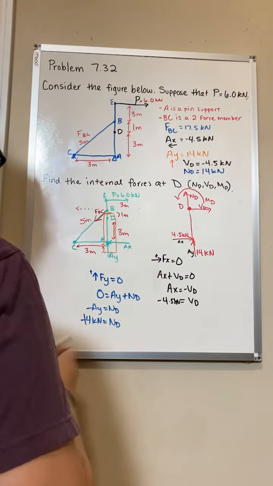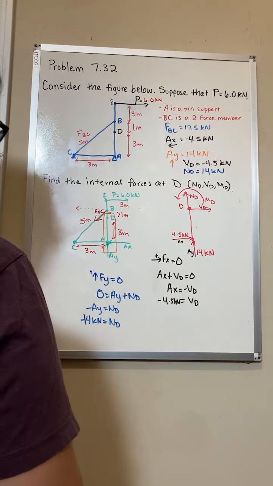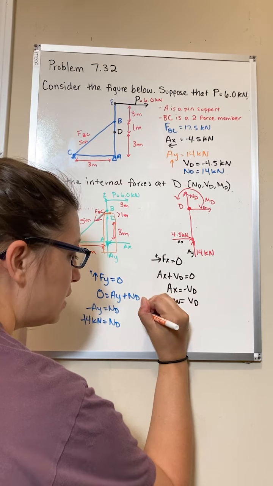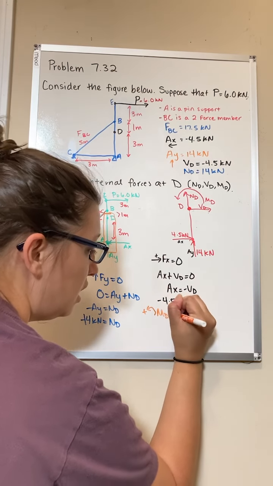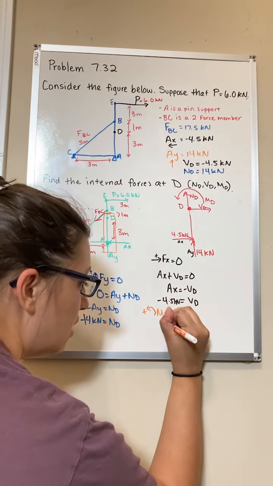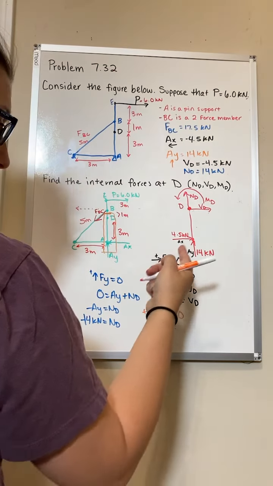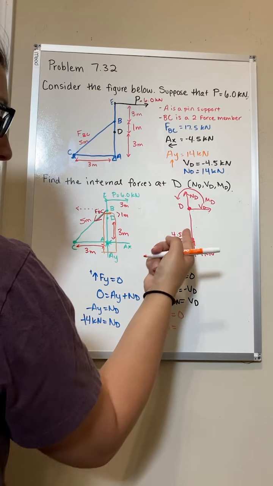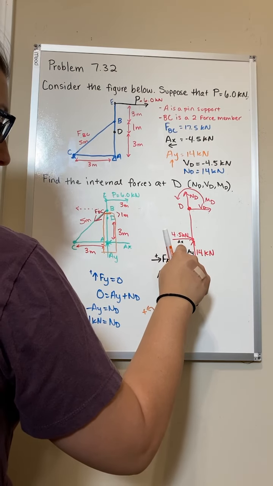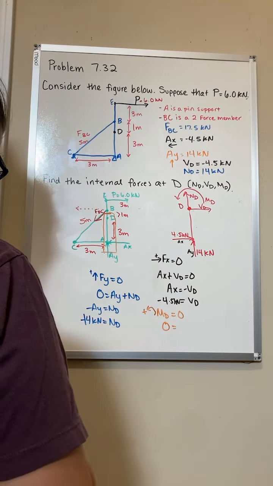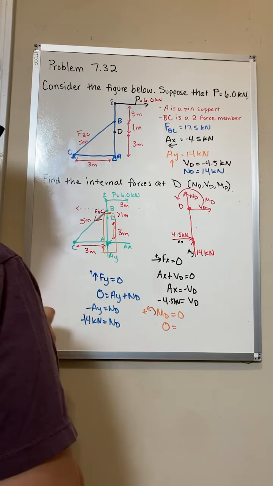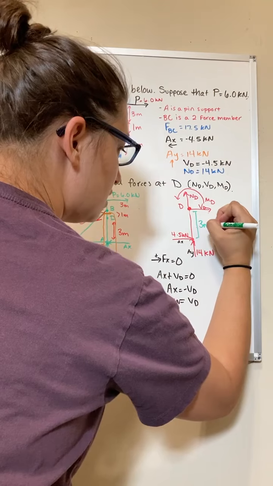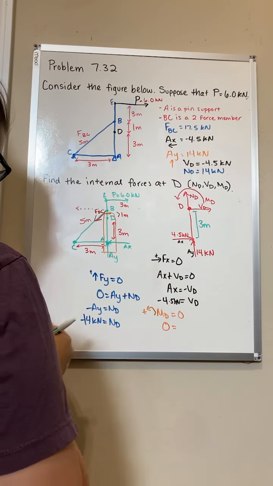And last but not least, we want to find the moment about point D. So we have counterclockwise positive, sum of moments about D is equal to 0. 0 equals, so our Ay is going to go straight through D, it's going to intersect it, so we're not concerned. We are only concerned about Ax. And one thing I now realize is I forgot to put my dimensions in, and this distance right here is 3 meters. Let me just carry that over from right here.